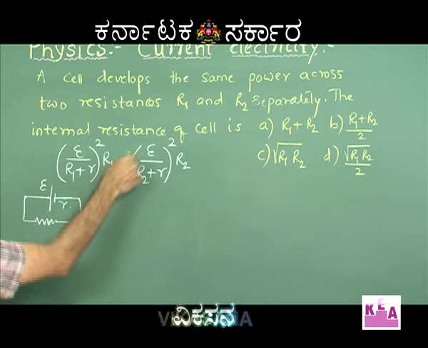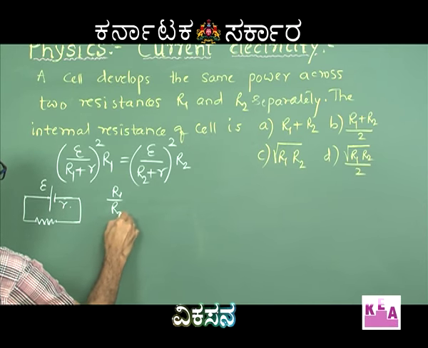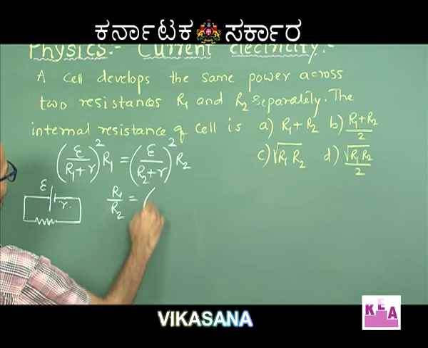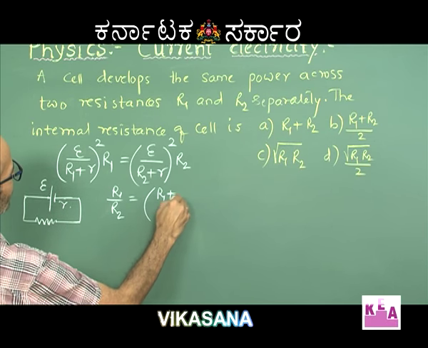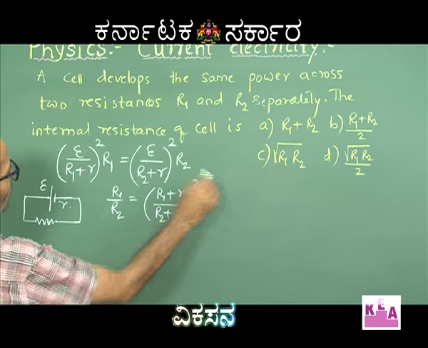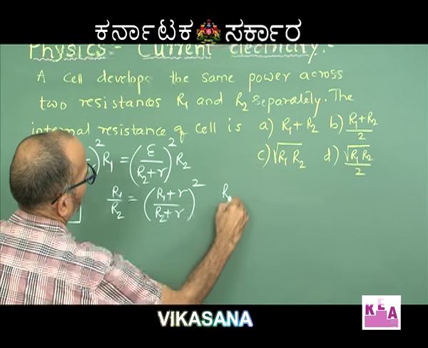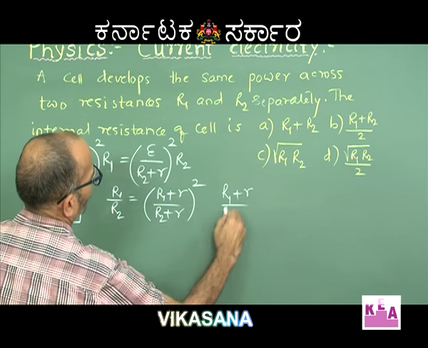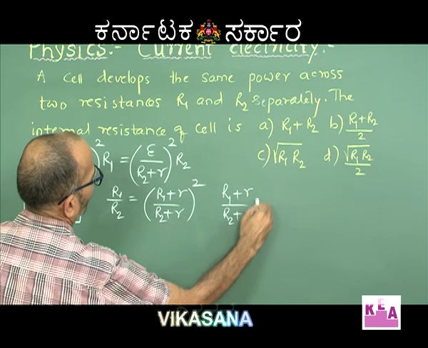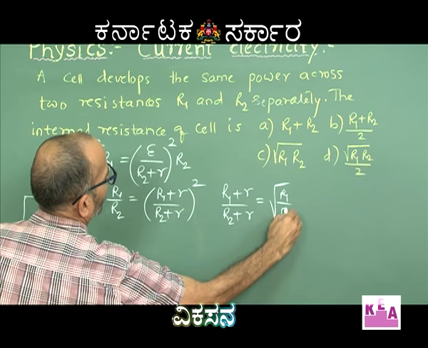Now, E square gets cancelled and you get an equation like R1 by R2 is R1 plus r divided by R2 plus r, whole square. Let me simplify one more step: R1 plus r divided by R2 plus r equals root of R1 divided by R2.